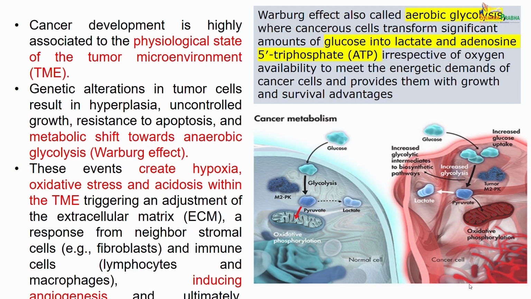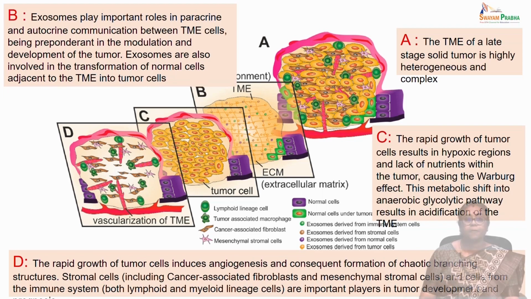There is a response from the neighboring stromal cells, that is fibroblasts and immune cells, the lymphocytes and macrophages, and therefore a lot of different kinds of arrangements happen within the tumor microenvironment, which push the environment towards neovascularization, angiogenesis, and metastasis.